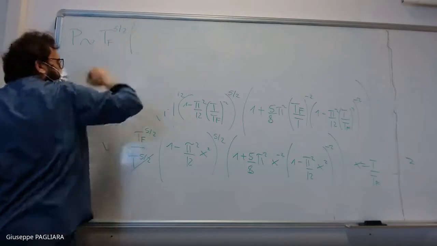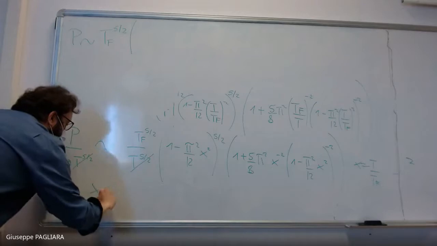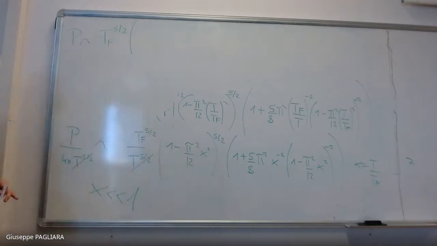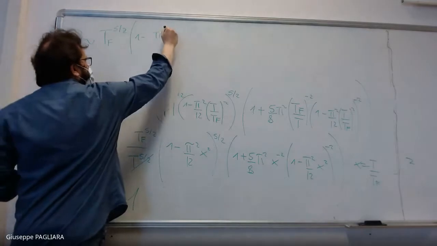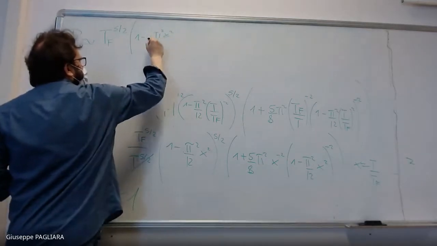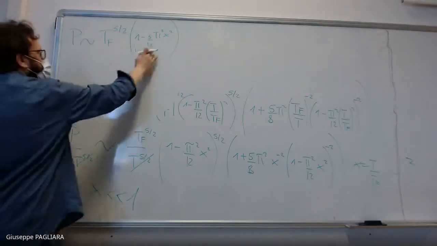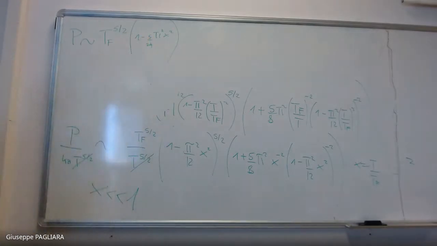Then I can expand, considering that x is very small. This 5 half goes here and becomes 5 divided by 12. So here I will have 1 minus pi squared x squared, and 5 divided by 24. 1 minus 5 pi squared over 24 x squared, yes.